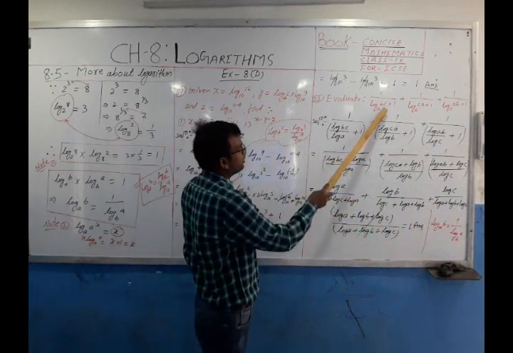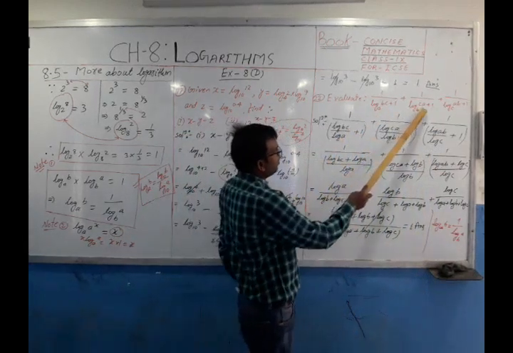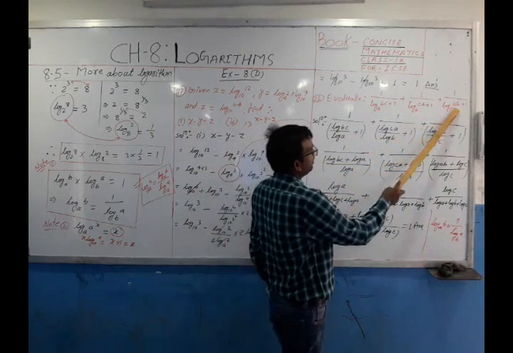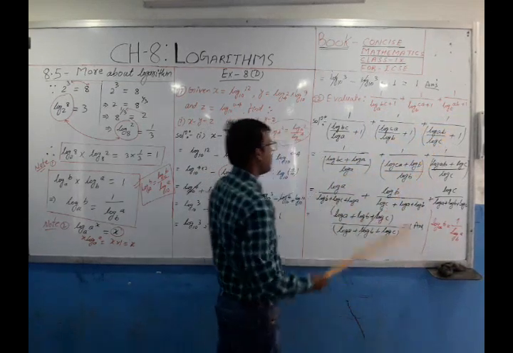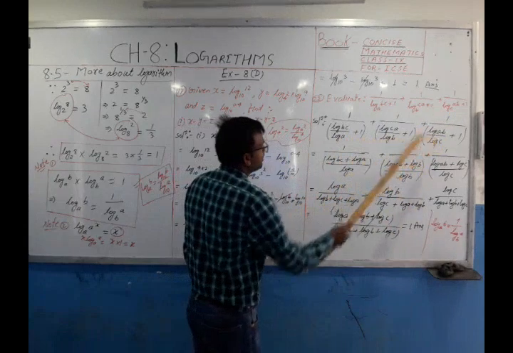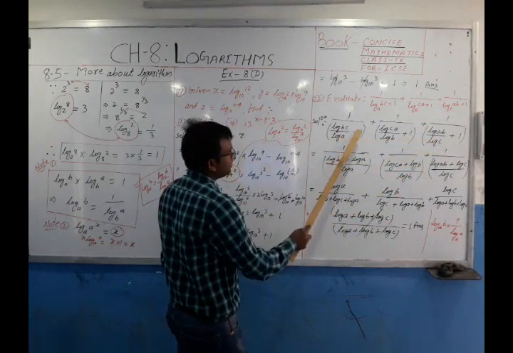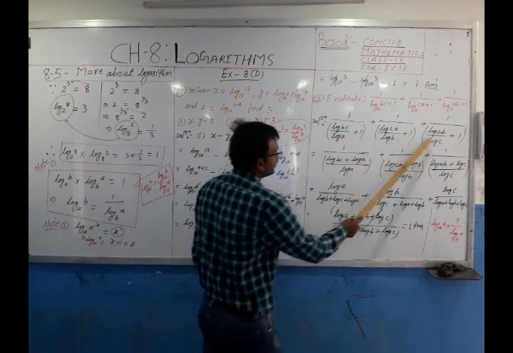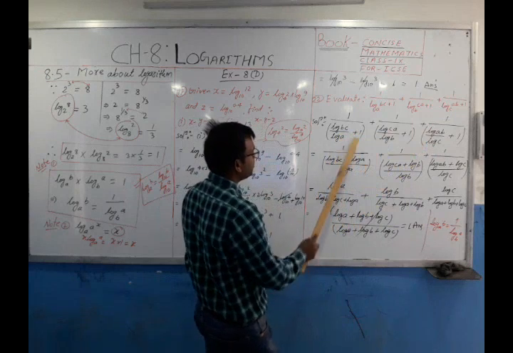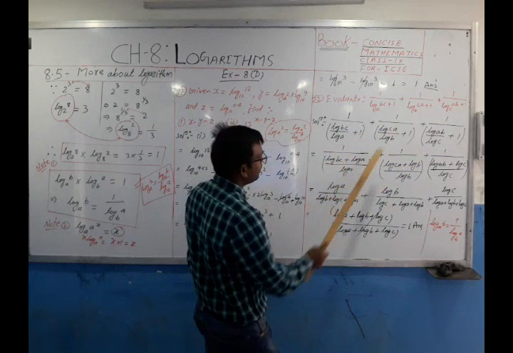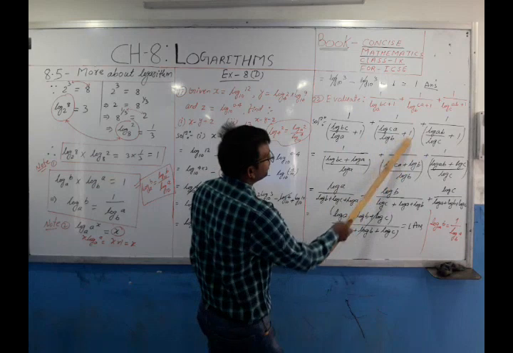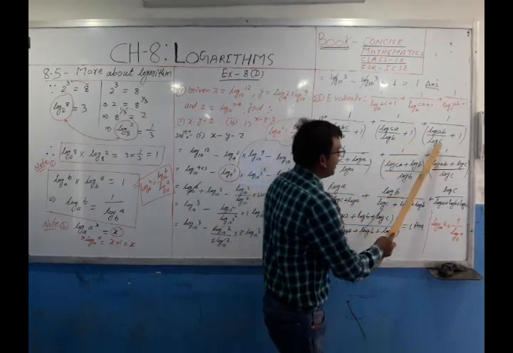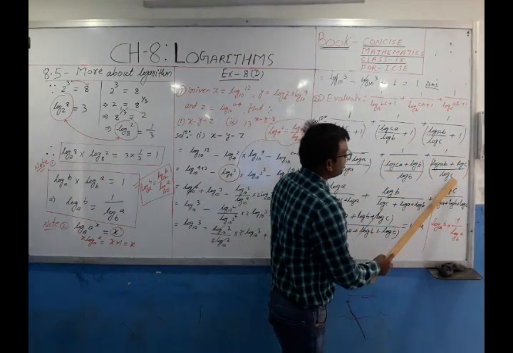So do it: log bc divided by log a, log ca divided by log b, log ab divided by log c. Okay, and take the LCM in the denominator part. After taking the LCM in each term, this will be log bc plus log a divided by log a, log ca plus log b divided by log b, and log ab plus log c divided by log c.